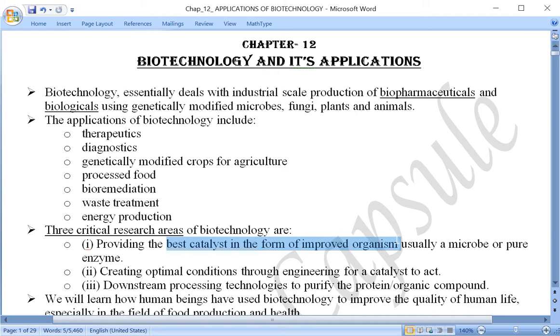Here the organism usually refers to a microorganism, or otherwise an enzyme that has been obtained from different sources, let us say by the use of biotechnology itself. So the catalyst may be in the form of an improved organism, mainly a microorganism, or otherwise an enzyme which is made available.